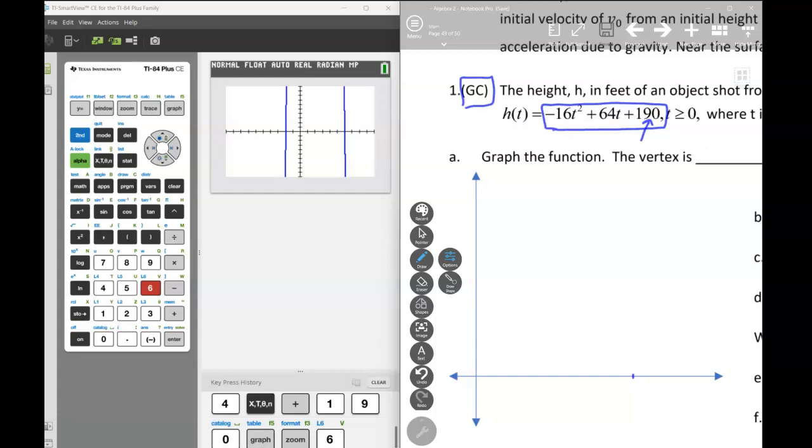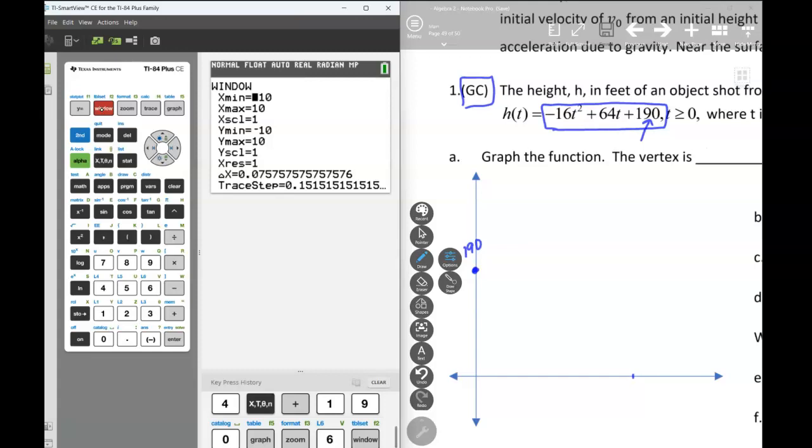It's already at 190. The table that's currently on my graphing calculator only goes up to 10, and this tells me it starts at 190. So I'm going to need to be going up, down, left, or right with my picture. Up. Very good, Ethan.